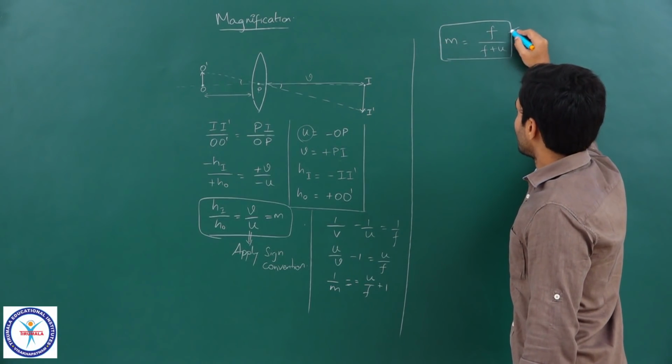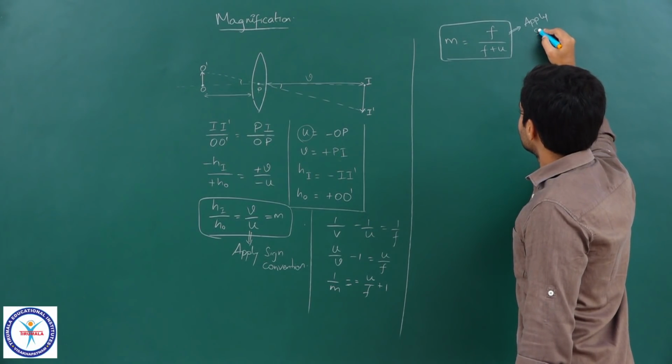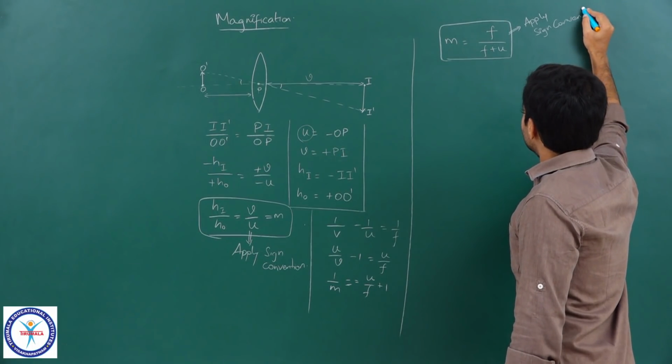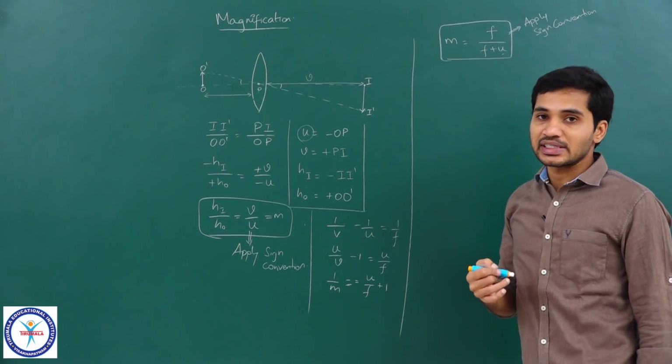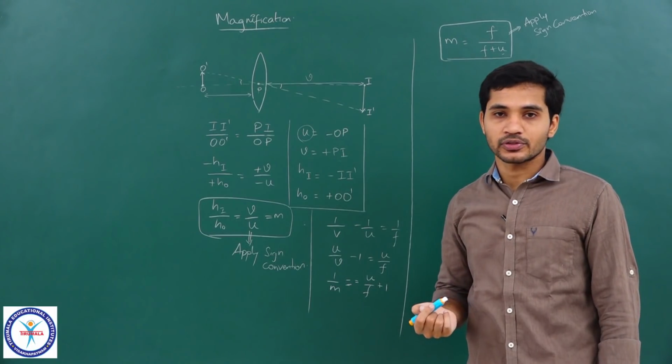So once again, when using this expression, apply sign convention for each and every parameter. You should apply sign convention for u, and you should apply sign convention for f as well. We did it in the case of mirrors also, right.